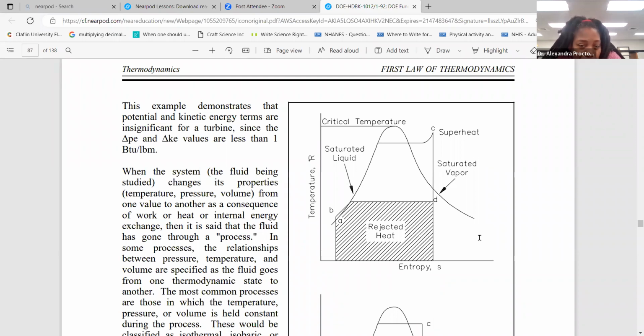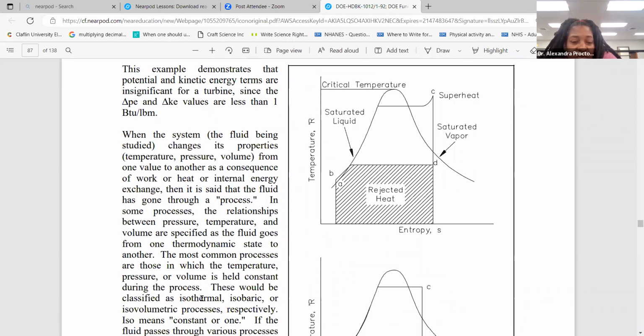When the system, the fluid being studied, changes its properties, its temperature, pressure, and volume from one value to another as a consequence of work or heat or internal energy exchange, then it is said that the fluid has gone through a process. In some processes, the relationship between pressure, temperature, and volume are specified as the fluid goes from one thermodynamic state to another.